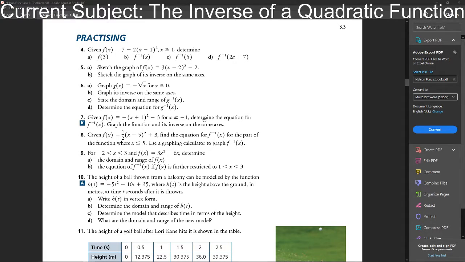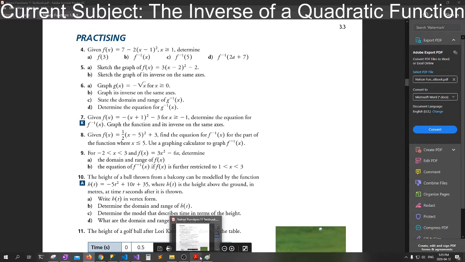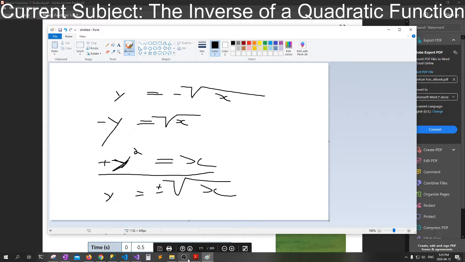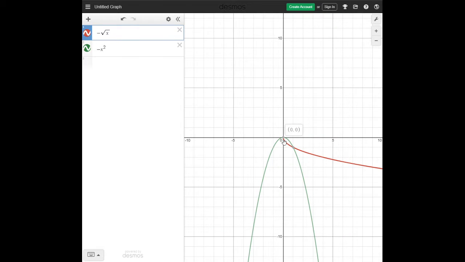So in the inverse, the x will be restricted to x is greater or equal to 0. X will be restricted to, so in the inverse, this one, x would be restricted to... wouldn't it be less than 0?